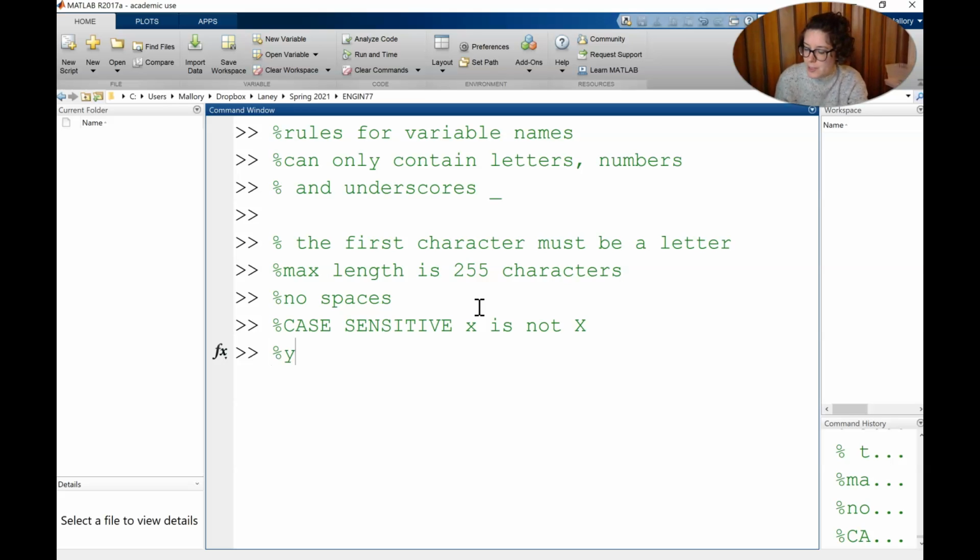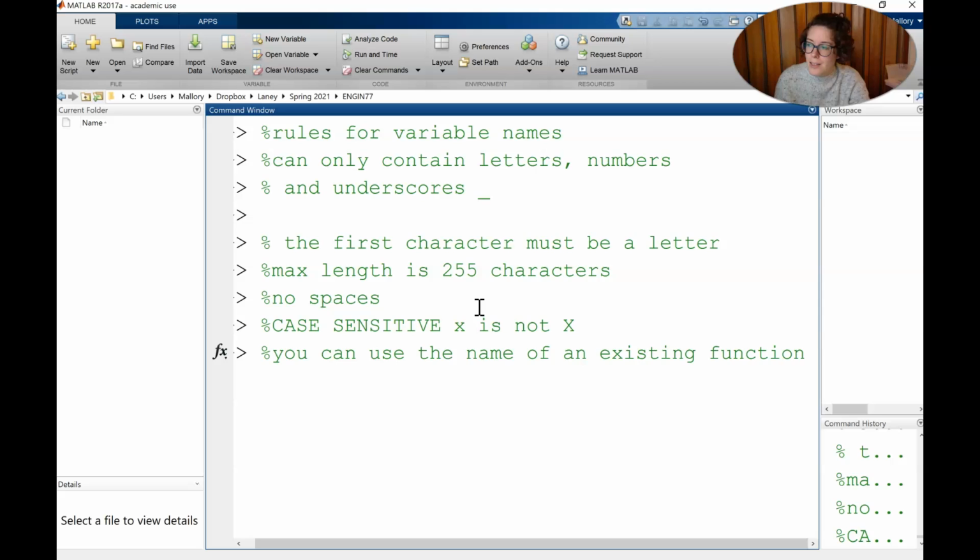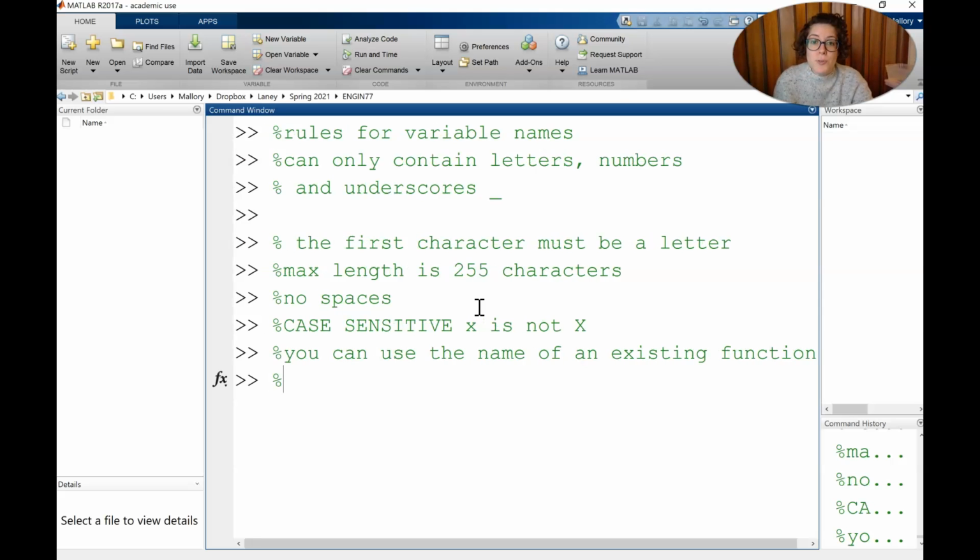Lastly, you can use the name of an existing function. So you can call your variable name cosine or sine, but you should not. Because as soon as you call your variable name cos, which is cosine, that means that you can no longer use the function cos until you clear your workspace.